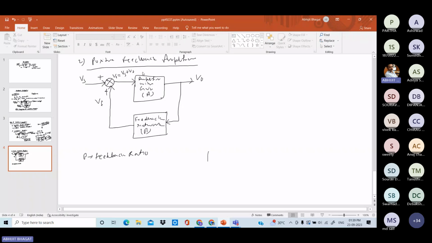These two are added. Same. All of you find the overall gain of the amplifier. Same process. Try to find out.